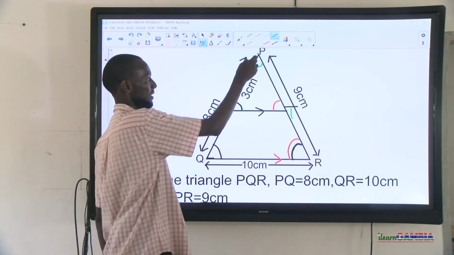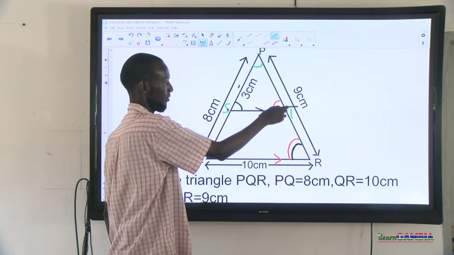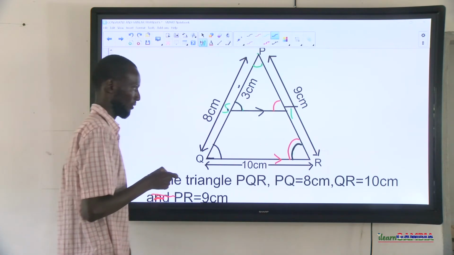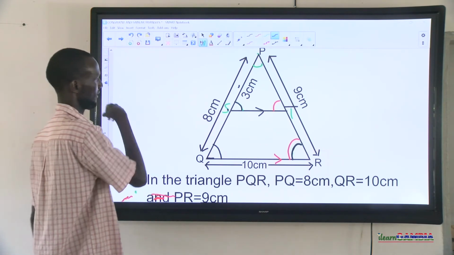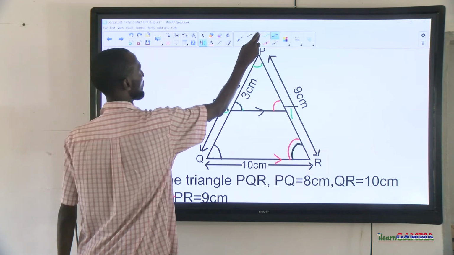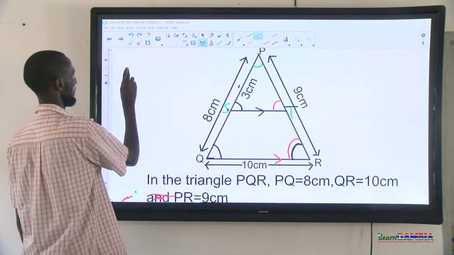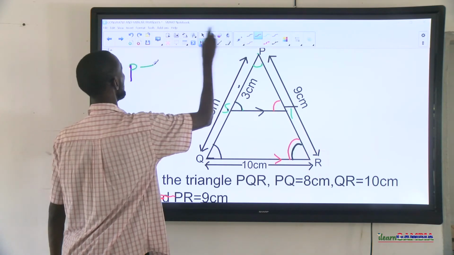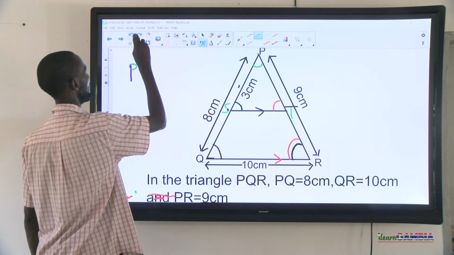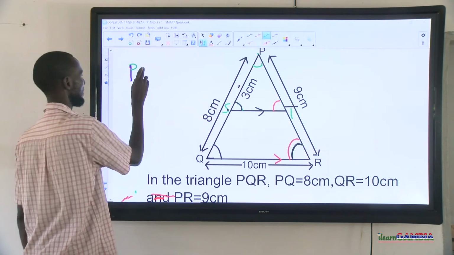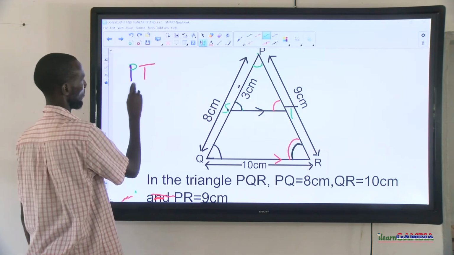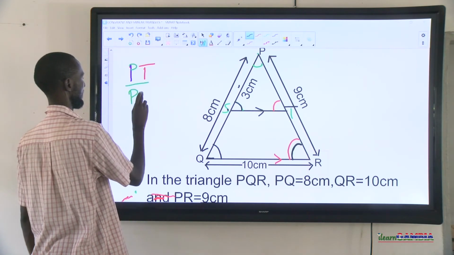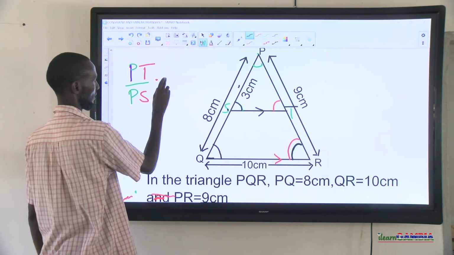Again, let's just do quick analysis here. I want to take PT of the small triangle over PS of the same small triangle. Okay? I want to write it here. So you can easily see PT over PS of the small triangle.